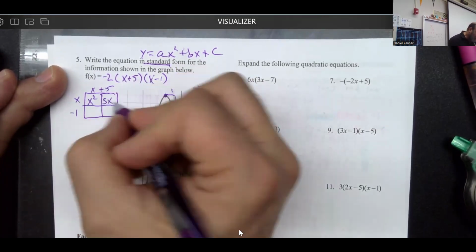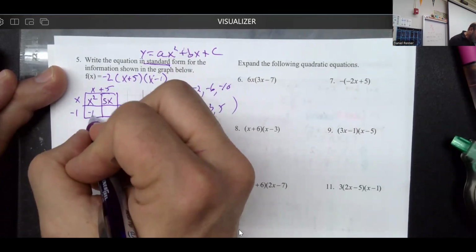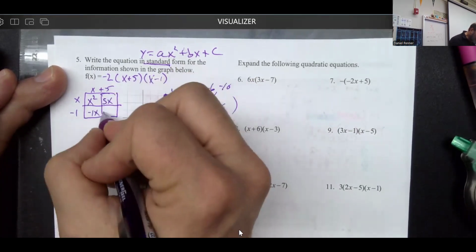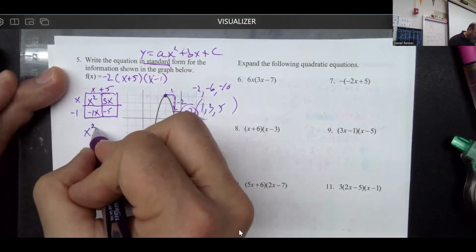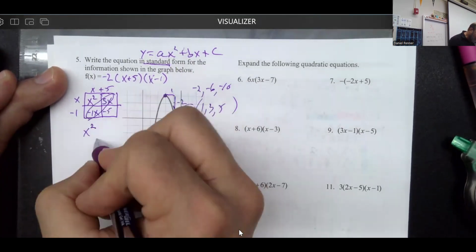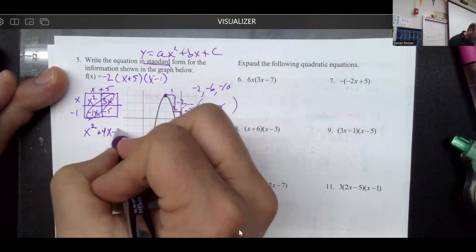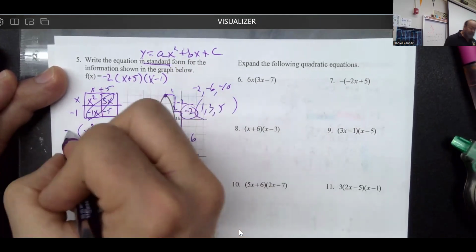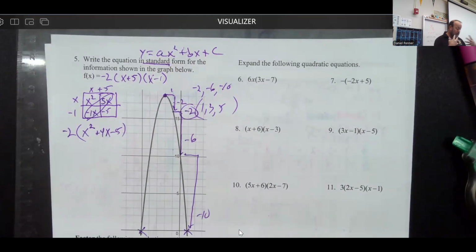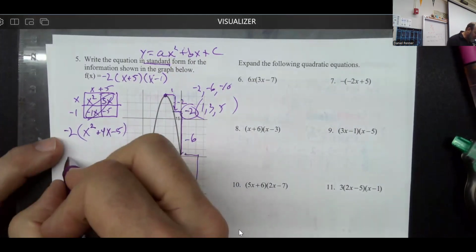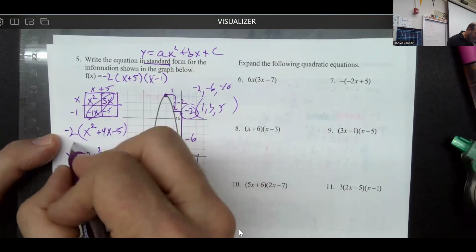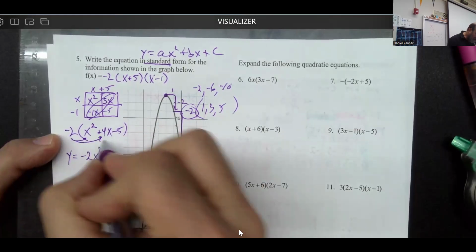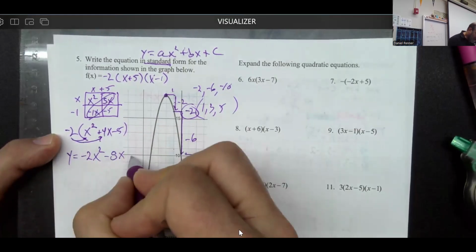This goes back to our very first day on quadratics. And negative 1 times 5 is negative 5. So I've got x squared. I've got a total of 4x's here and minus 5, but that is still being multiplied by negative 2. And so my final answer for standard form would be negative 2x squared, negative 8x, and positive 10.